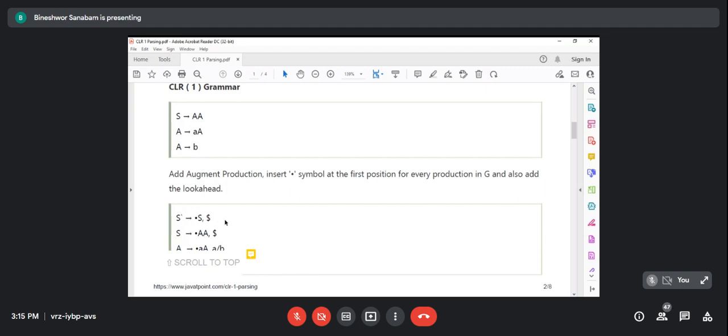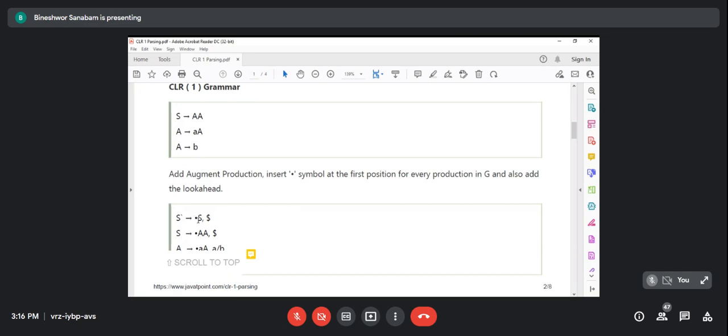So this first line is our augmented grammar with the dot symbol, that is, LR0 items. S' implies dot S is an LR0 item, but we require an LR1 item. To make it an LR1 item, we have to include a look ahead, which has to be dollar for the augmented grammar.